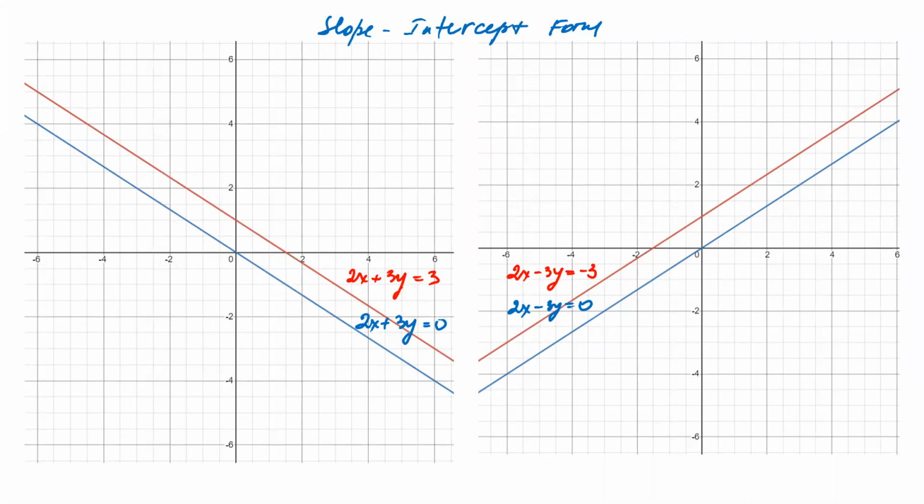And the first thing that comes to my attention is that the left sides of these two equations are identical, as well as the left sides of these two equations are identical.